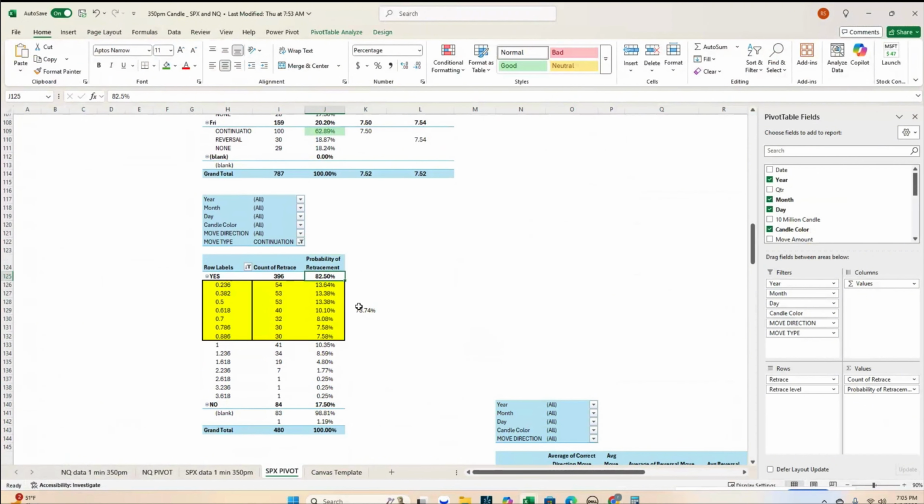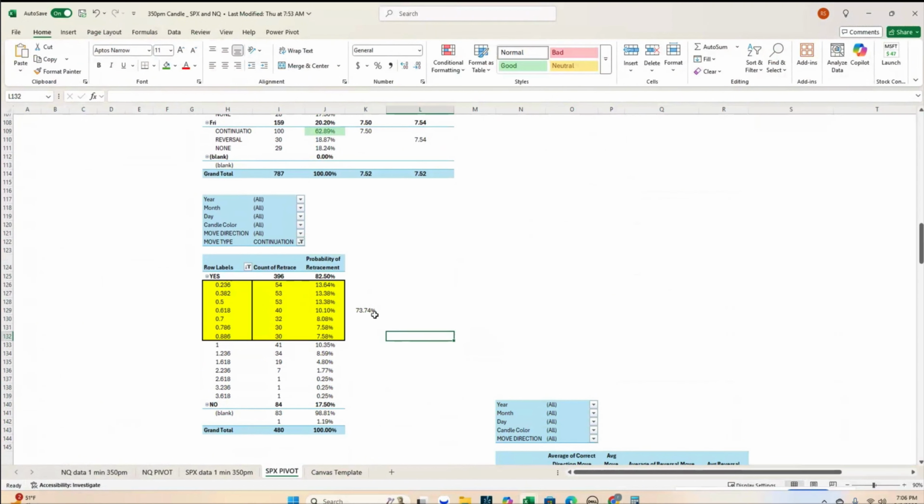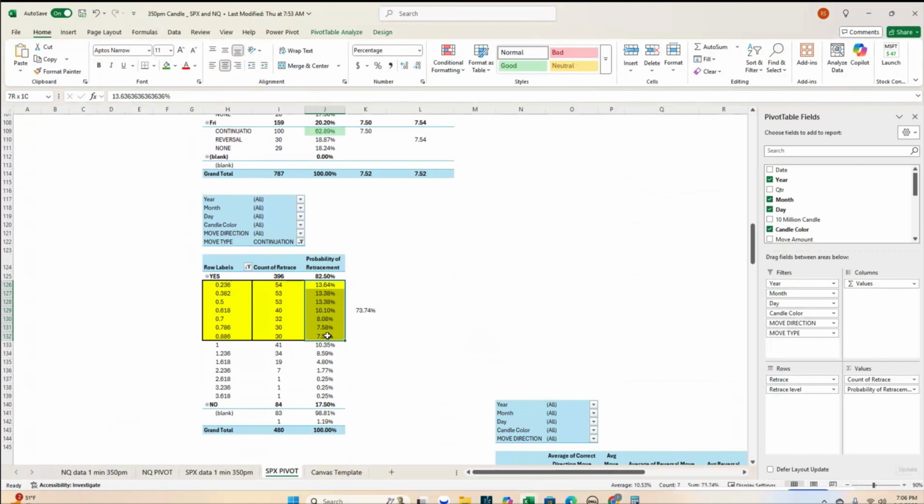So basically 82%, 82.5% of the time, we retrace, right? If we're going to continue in that direction. 73.74% of the time, we retrace to these levels, right? So if it retraces this far, I would leave these alone, to be honest with you.